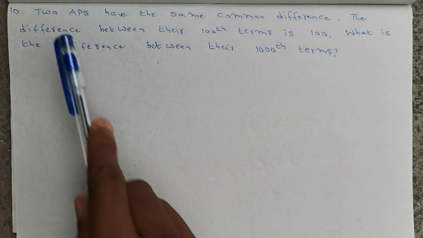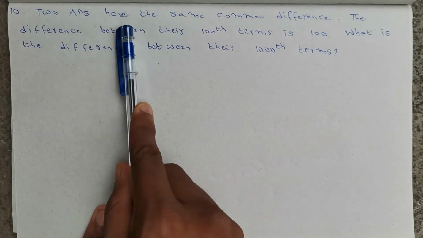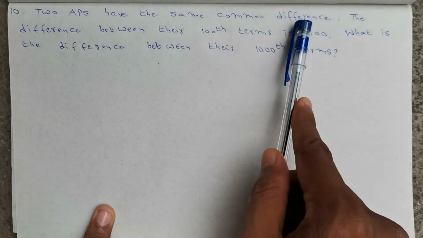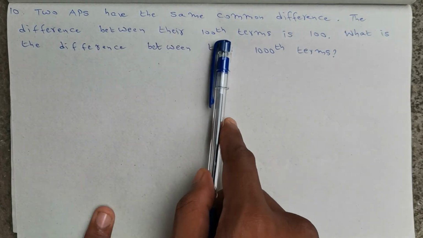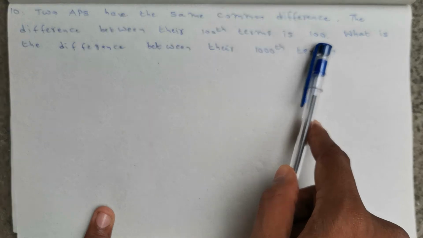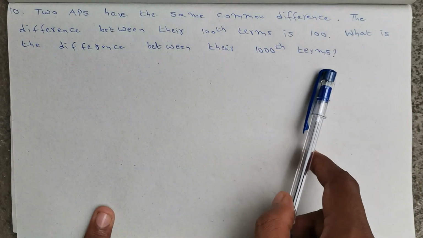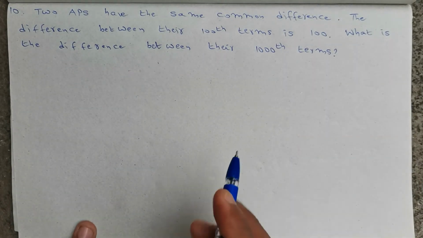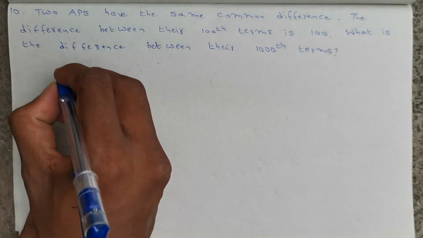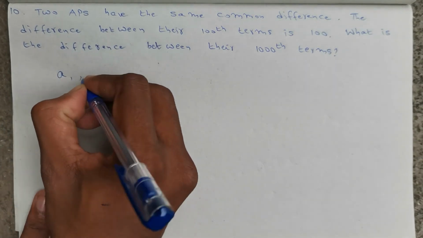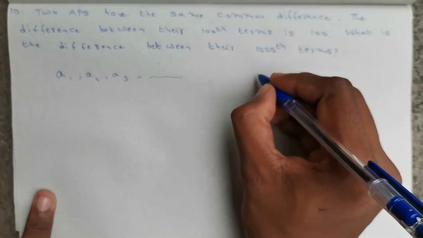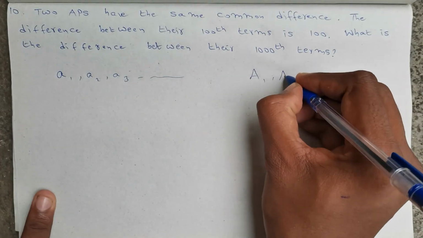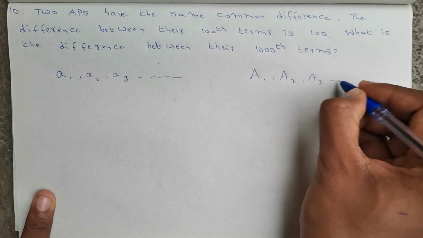Yes, question number 10. Two APs have the same common difference. The difference between their 100th terms is 100. Then what is the difference between their 1000th terms? So not to have any confusion, first AP I am taking as a1, a2, a3 and so on, and the second AP I am taking as capital A1, A2, A3 and so on.